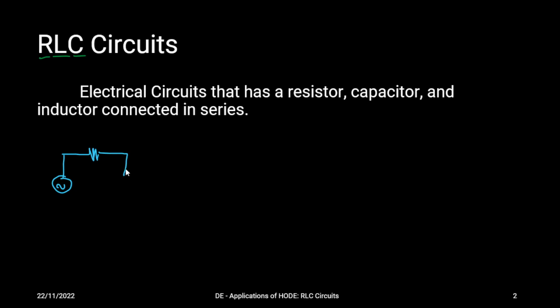Then this is our inductor and our capacitor. So yan yung itsura ng isang series RLC circuit. Wala tayong mga nakaparallel na components. So again, this is our E, this is our R, this is our L, and this is our C. E is our voltage source.